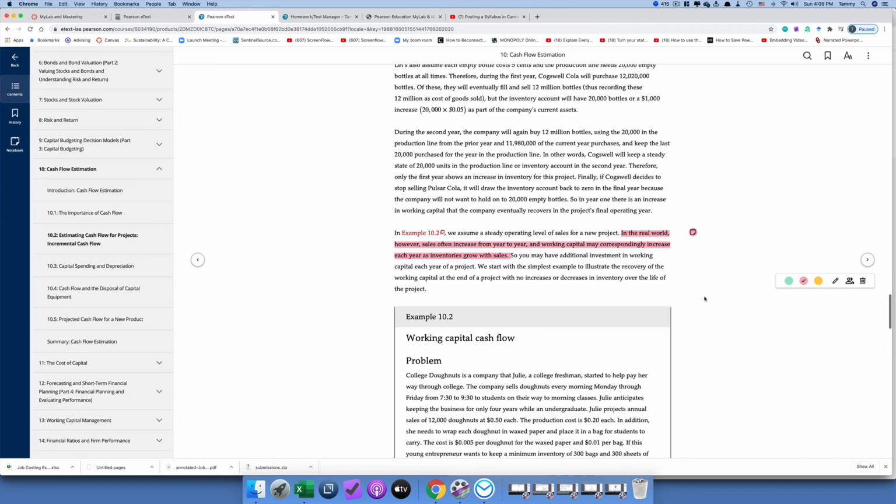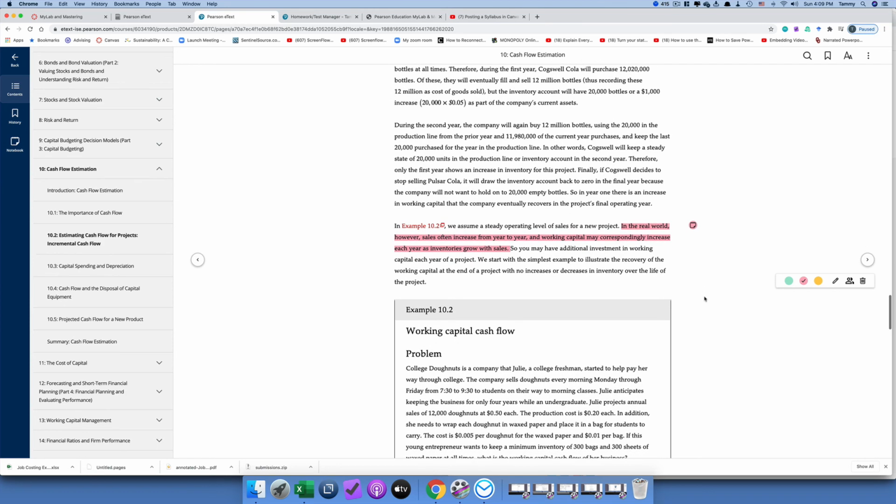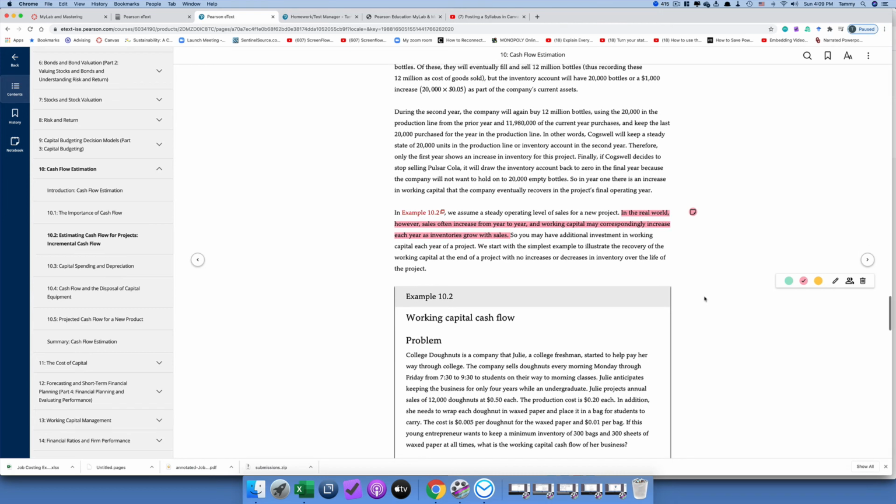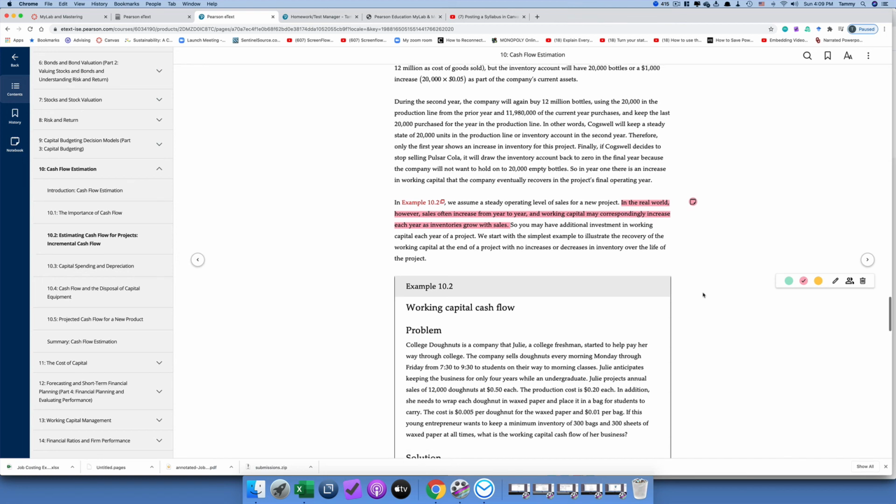And so part of estimating the cash flows for capital budgeting involves the recovery of working capital at the end of the project's life when you sell off all that additional inventory. Okay, it's a technical issue. It's kind of detailed, but it is something to keep in mind.